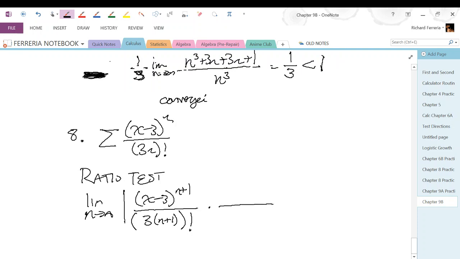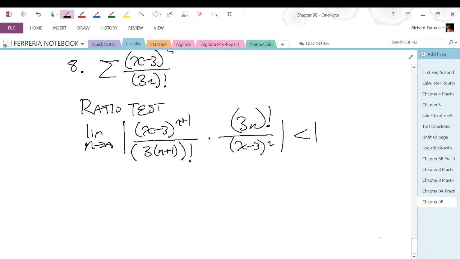Multiply that with (3n) factorial over (x minus 3) to the n power. Force that less than 1. That all work? Good. By now we should know that the x minus 3 is going to pop out of that limit.